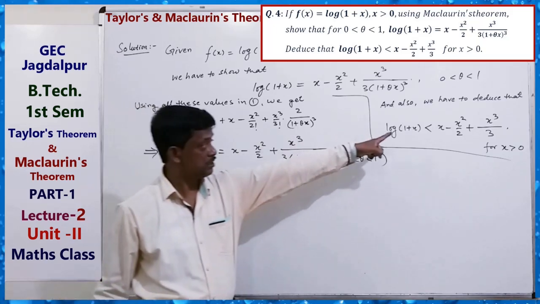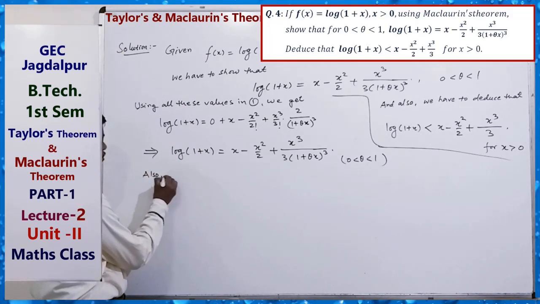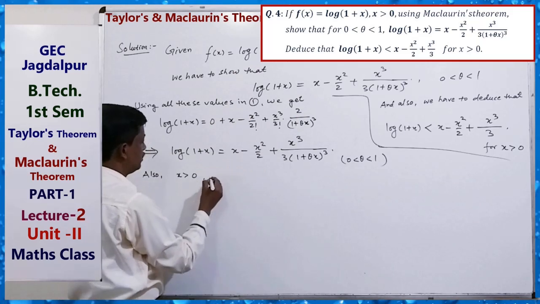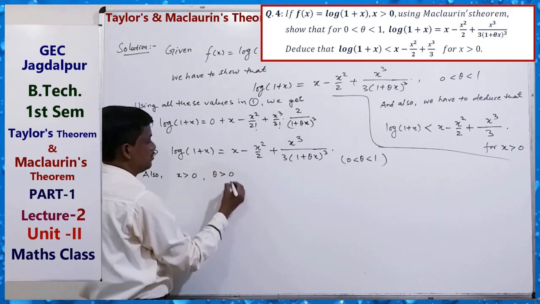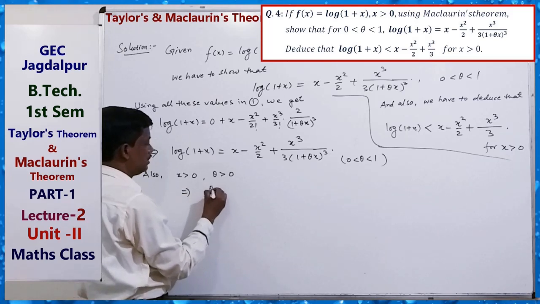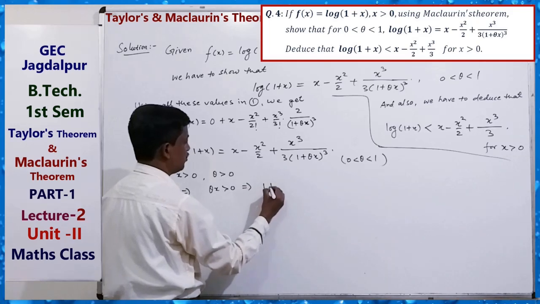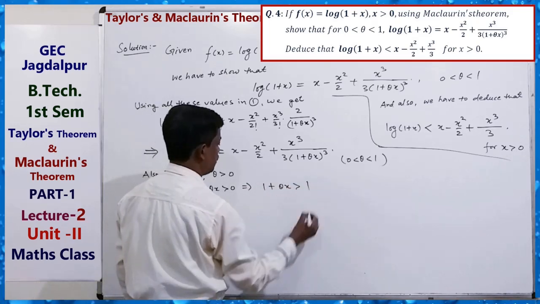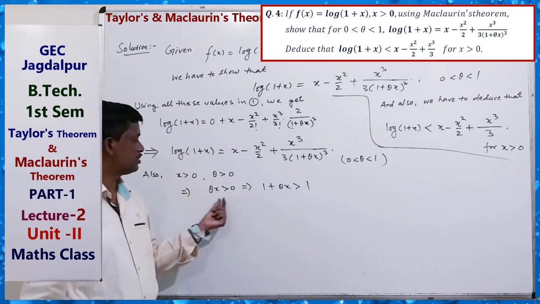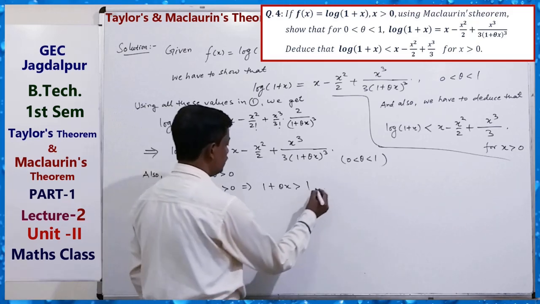Now for deducing this, also x greater than 0 and theta greater than 0 implies theta x greater than 0, which implies 1 plus theta x greater than 1. Just add 1 on both sides.